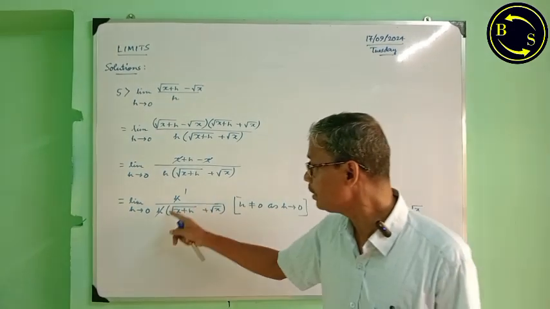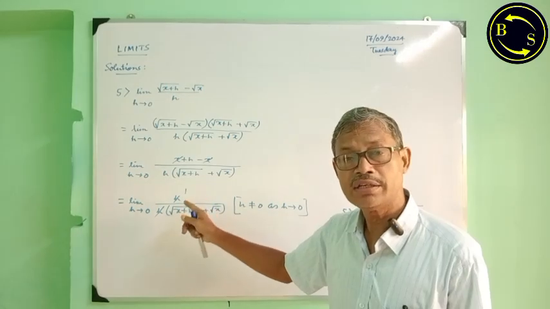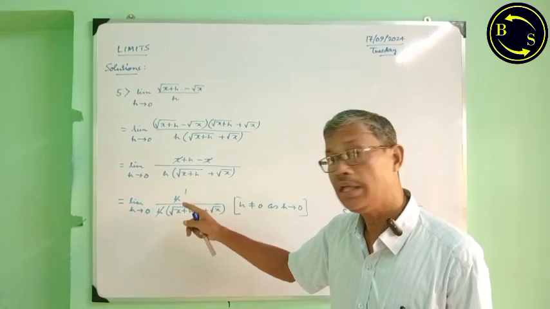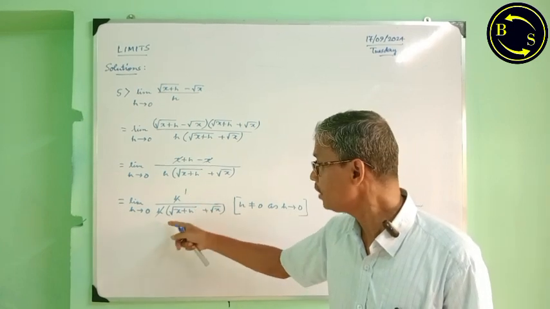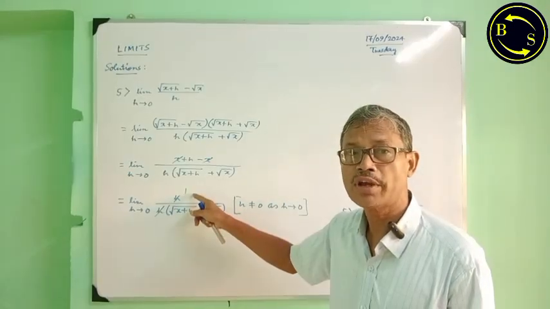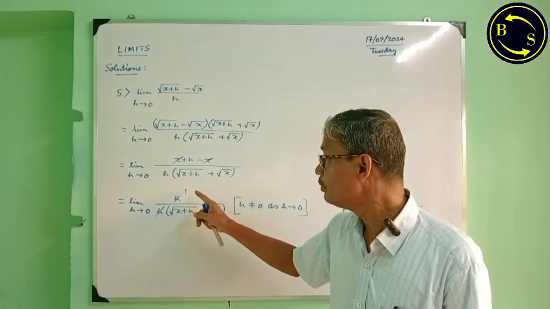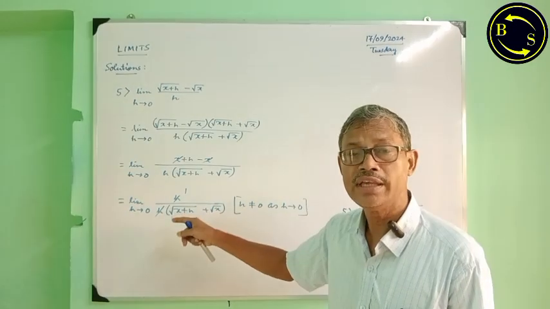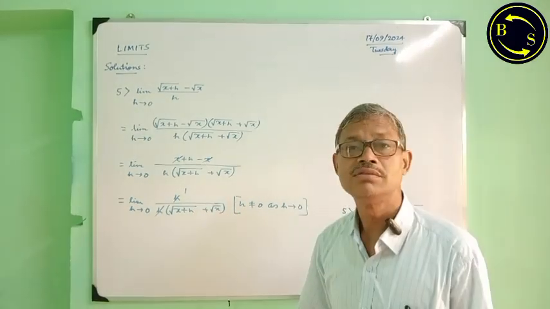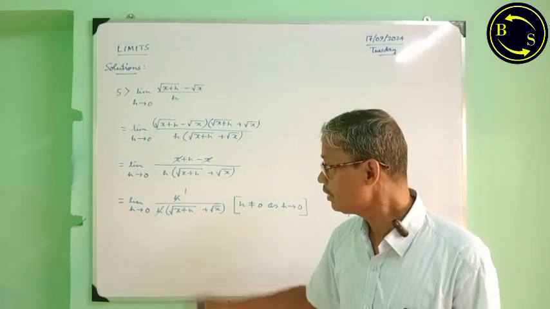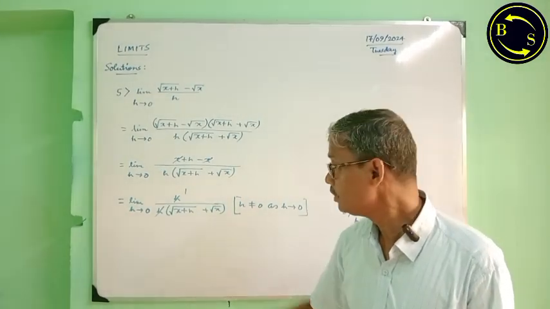And remember one thing, while you are cancelling by dividing the numerator and denominator, if there be no quantity other than 1, you must mention 1. Very important. I stress on this step. Sometimes we find that students are cancelling h and writing without writing this one, and that is an erroneous step. Remember this one and follow this.